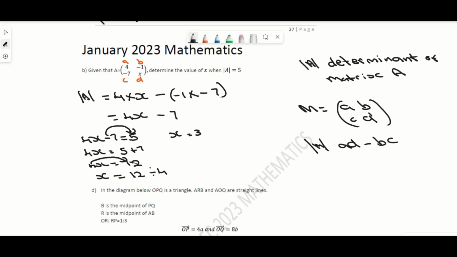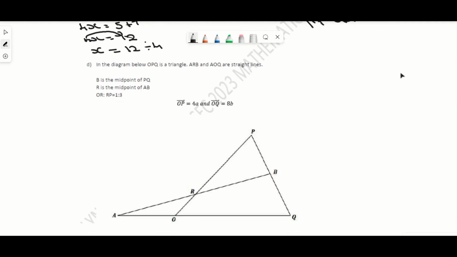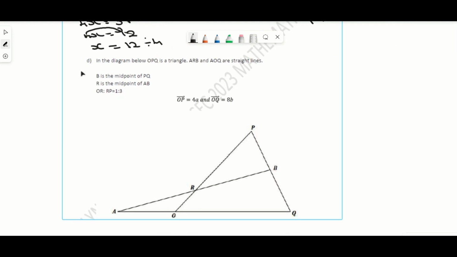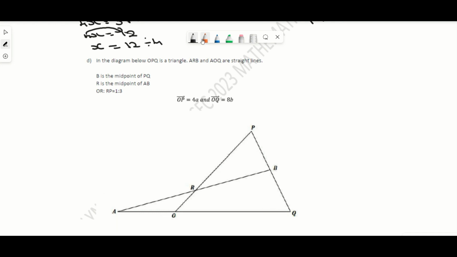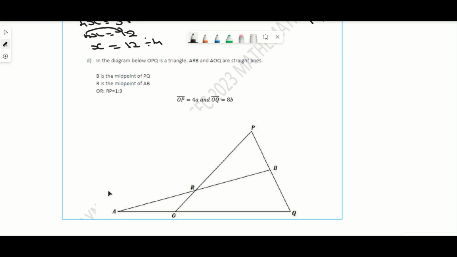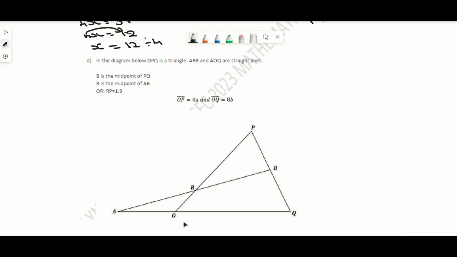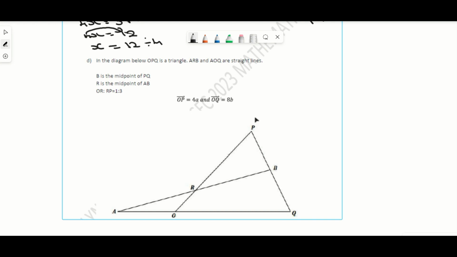Now we're going to do the next part, which is D, which is a vectors question. In the diagram below, they said OPQ is a triangle, right? And ARB is a straight line, and AOQ is another straight line. Now B is the midpoint of PQ.